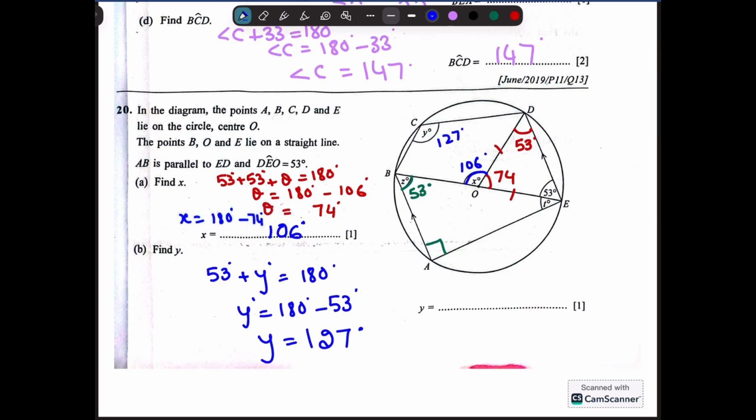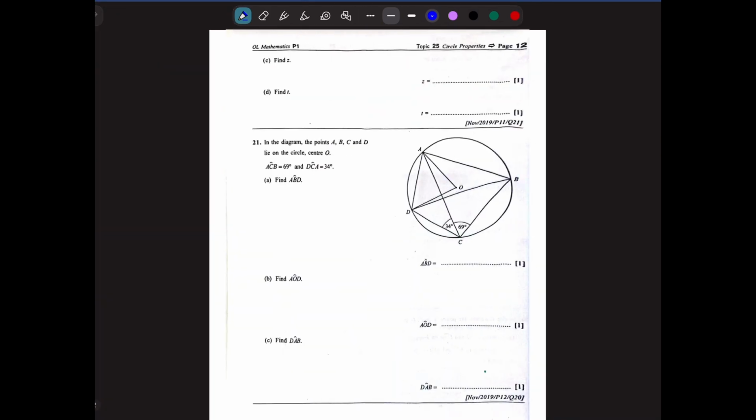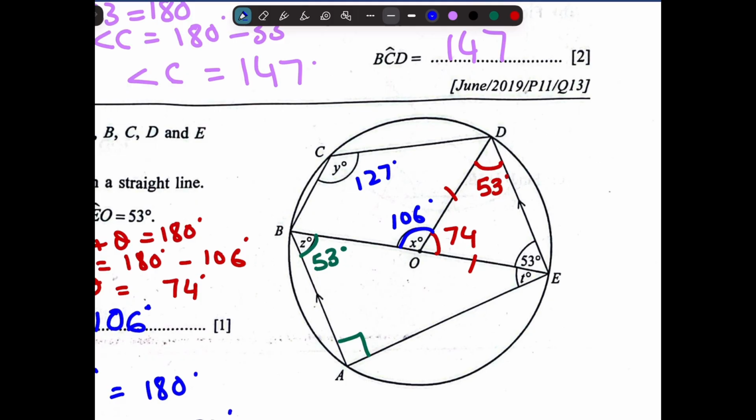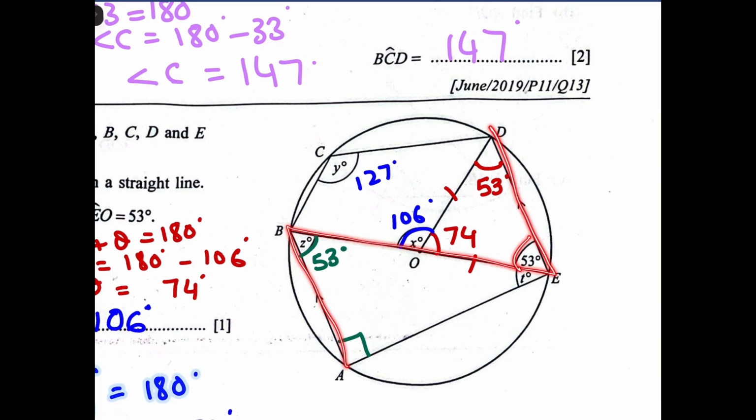Okay, next I'm sure they want us to find angle Z and T. Okay, so we know that angle Z equals 53 because they're alternate angles. Now we are left with only one unknown, which is t. We can figure t out very easily as well because we're going to focus on triangle ABE. So one angle is 90, one is 53.